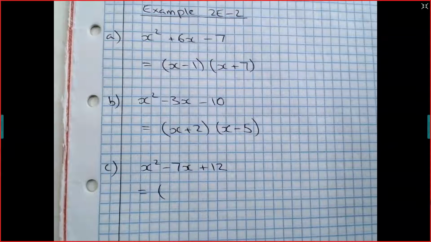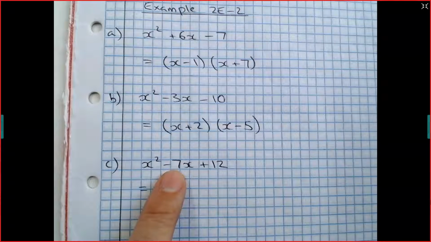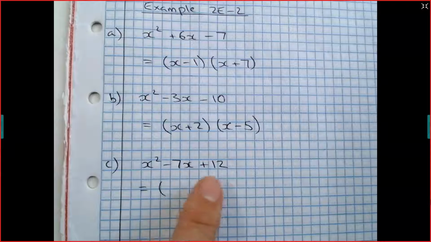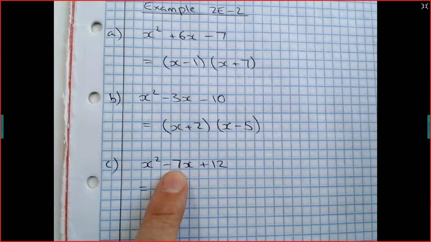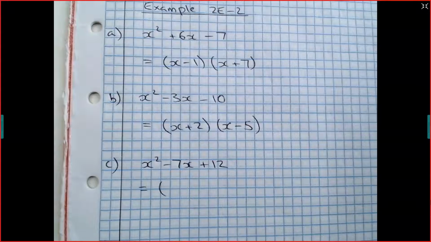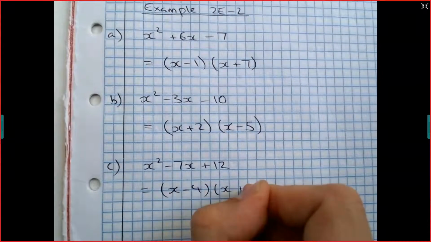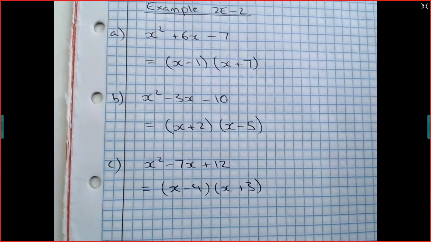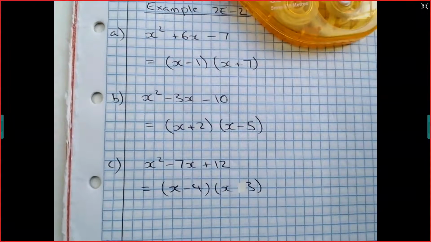Okay, I'm thinking the 4 and 3 are going to be good, and then I'm going to have to use some type of negative value to get this negative 7. So if I go minus 4 and minus 3, does that work? Because minus 4 times minus 3 would give me positive 12. Minus 4 take 3 would give me minus 7. So I'd have x minus 4 by x plus 3. My mistake, x minus 3.